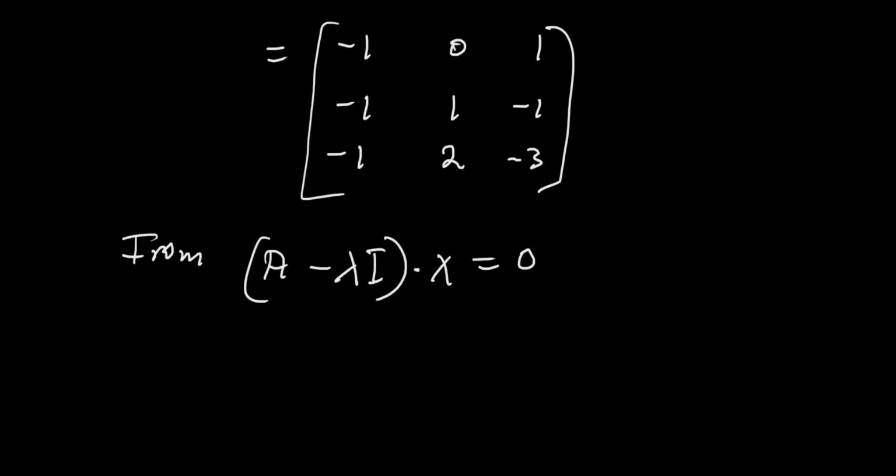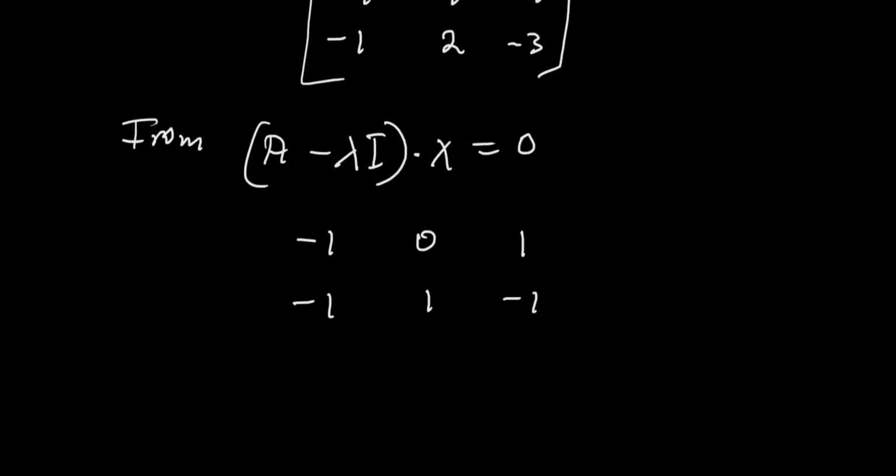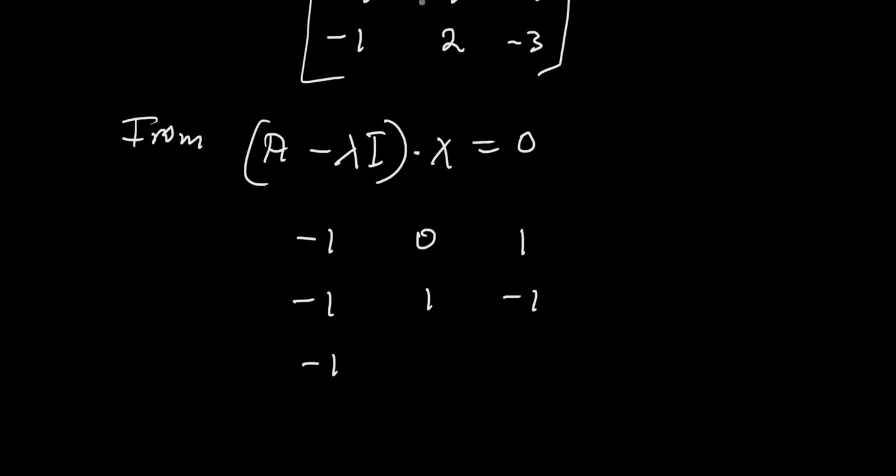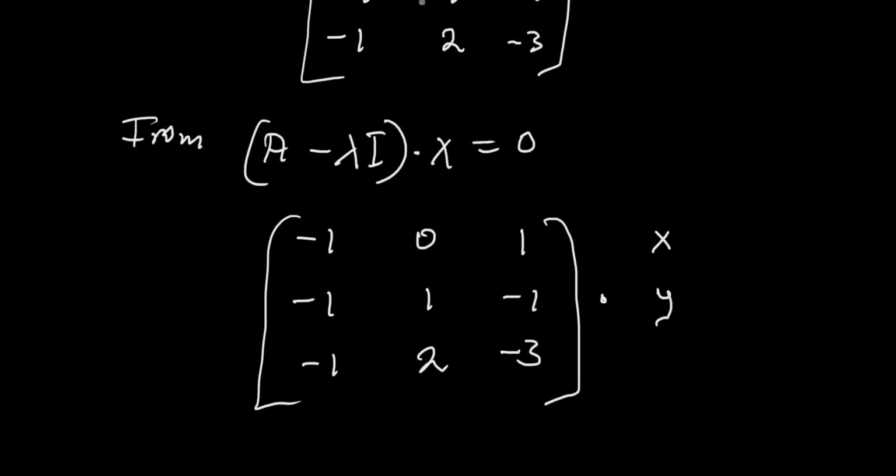So first we write down the values: negative 1, 0, and 1, then negative 1, 1, and negative 1, and then negative 1, 2, and negative 3. We multiply this by x, which is now x, y, z, and this will be equal to 0, 0, 0.